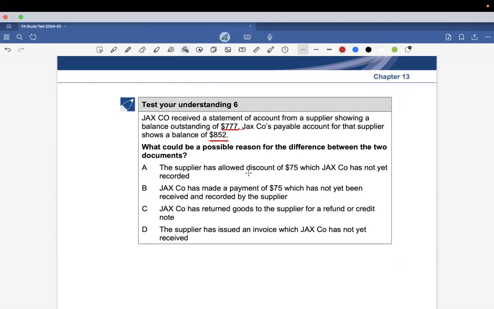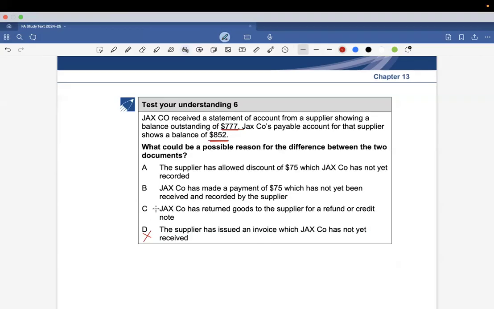Fourth one, the supplier has issued an invoice, but Jack's company has not received it. What hasn't been received, you need not record it. So D is not correct. If we receive it and then we did not record it, that is wrong. Now C, Jack's company returned the goods to the supplier and they haven't recorded.